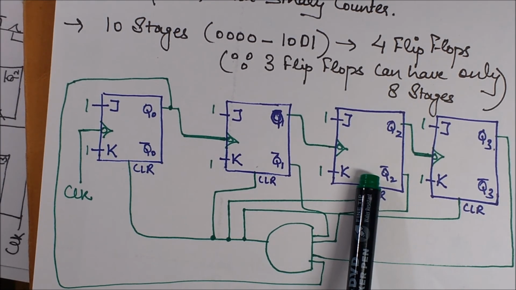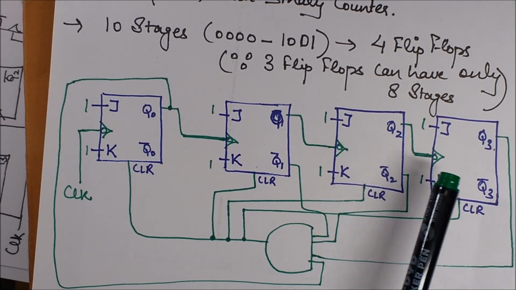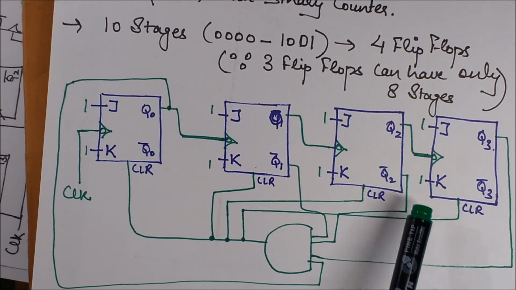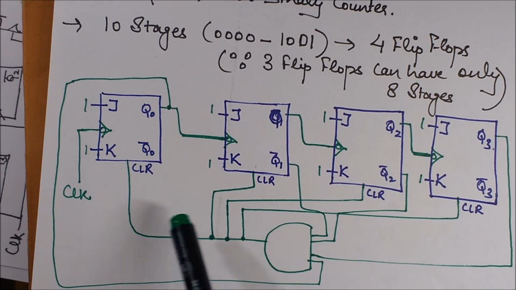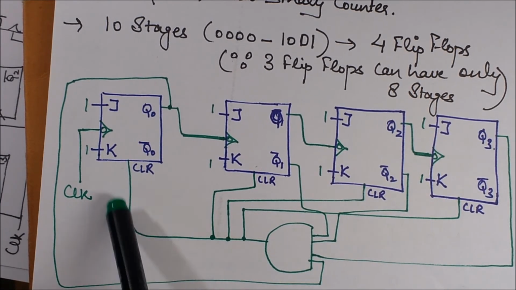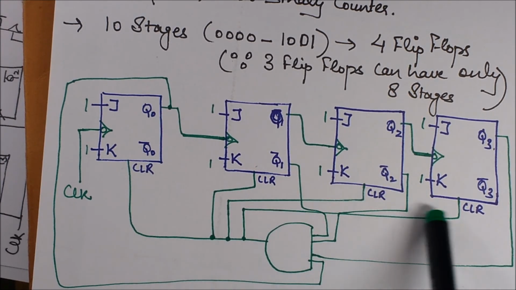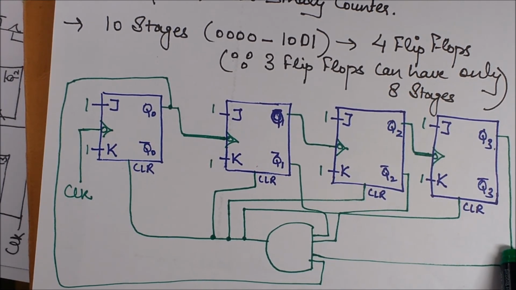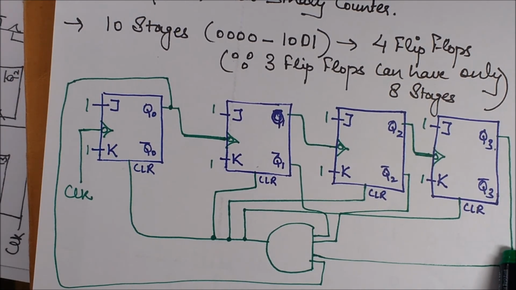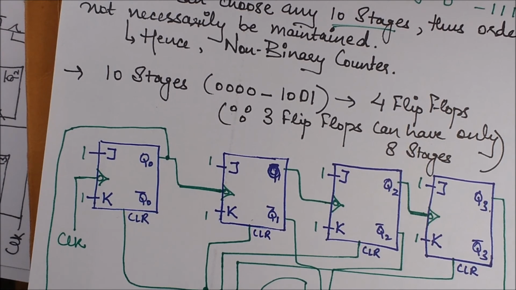They were 1 1, because the outputs were 0 0, so NOTs would be 1 1. Now we AND all these, and the AND of all the ones will be 1, and we insert this in the clear bit of all the flip-flops. Now what would this do? This will set the clear bit of all the flip-flops, and this would clear all the contents of all the flip-flops over here. So that is all we wanted, and this is how we perform it.